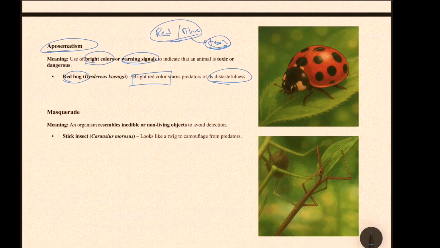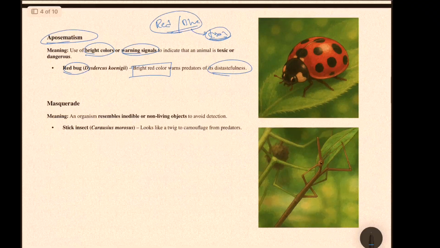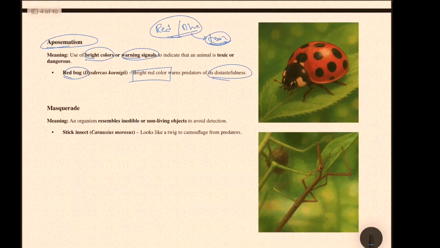It is not applicable to all fruits and insects out there, but as a general rule. So this is called aposematism.